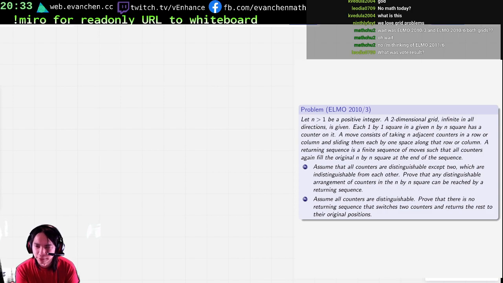So there's no transpositions, but you can get every even permutation? Is that the claim? No, that's not quite the claim. But it's probably the case that you can get every even permutation, I think is what it's saying, right?